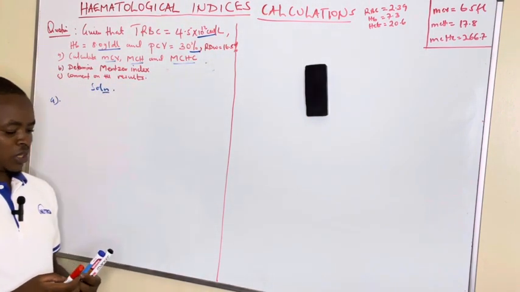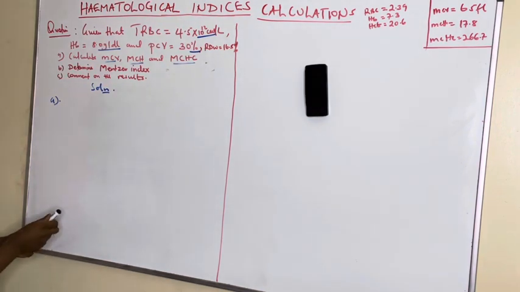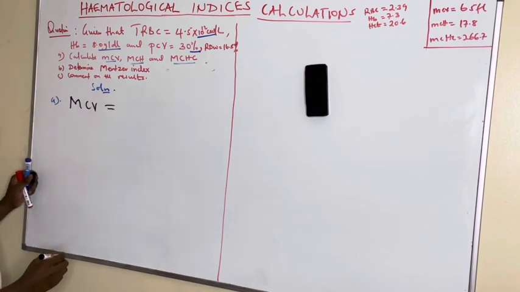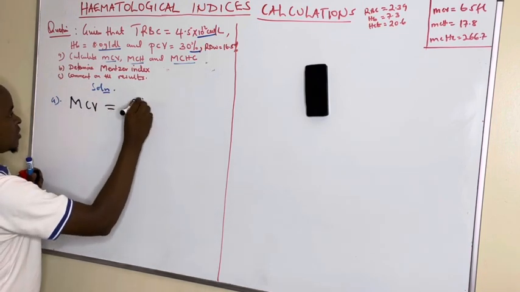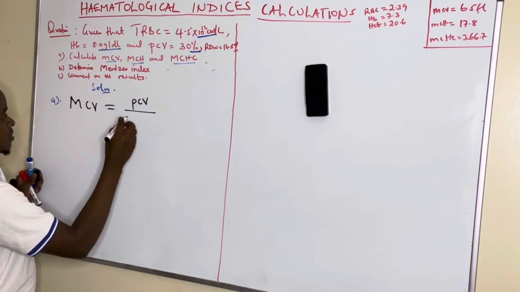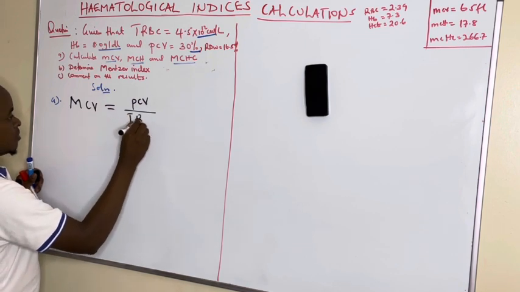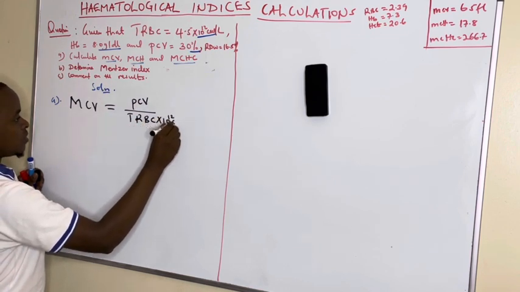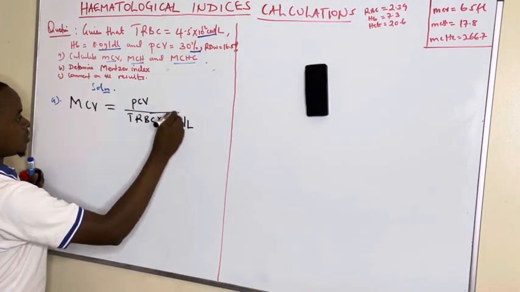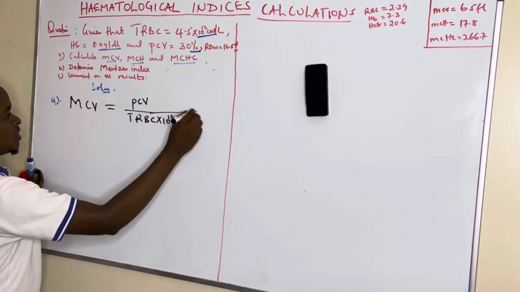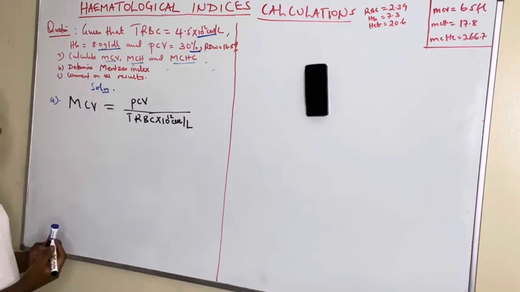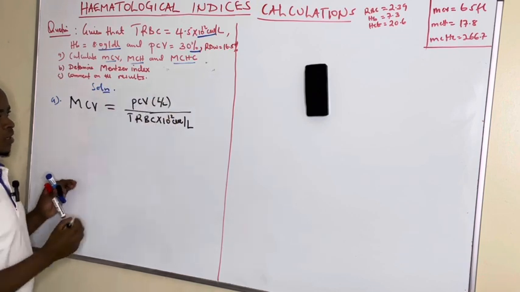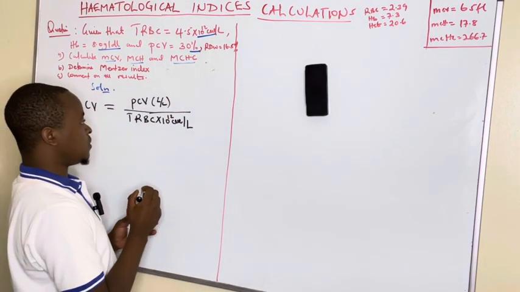So we begin with the calculation of MCV, and under the formula, MCV is equal to PCV divided by total red blood cell count, and this red blood cell count should be in 10 power 12 cells per liter. It is measured in femtoliters, so we shall convert in the long run. This PCV should be in decimals, or liter per liter.